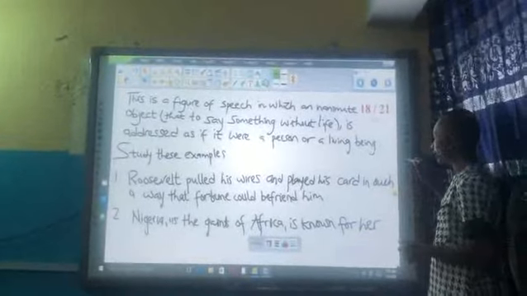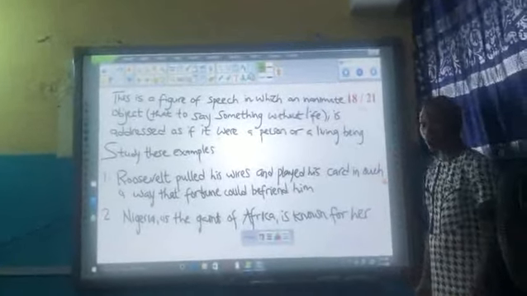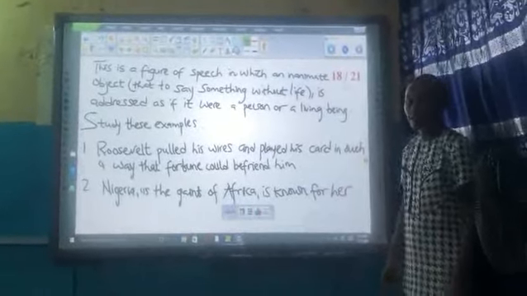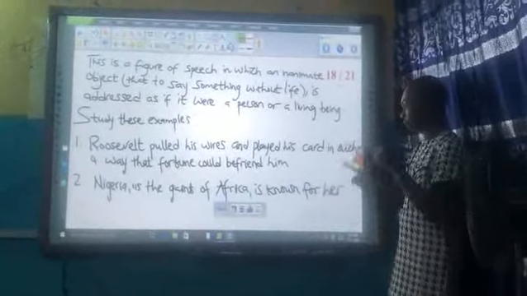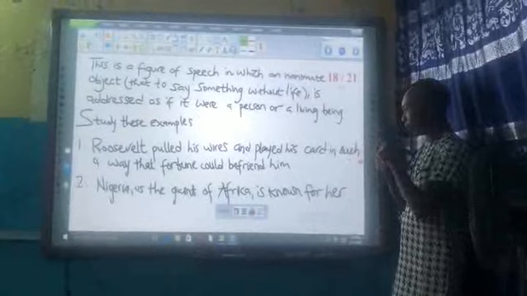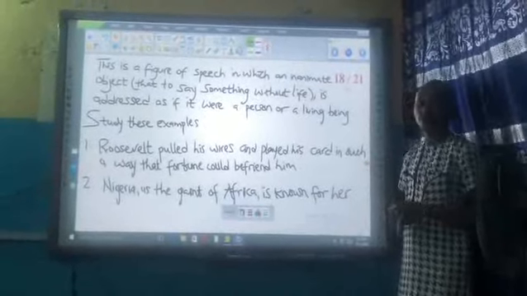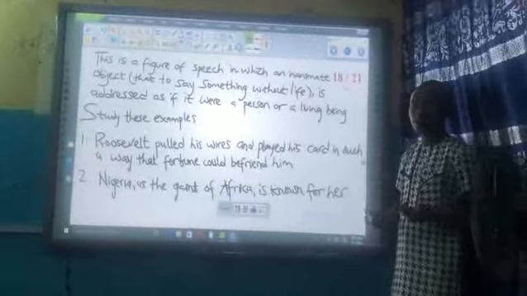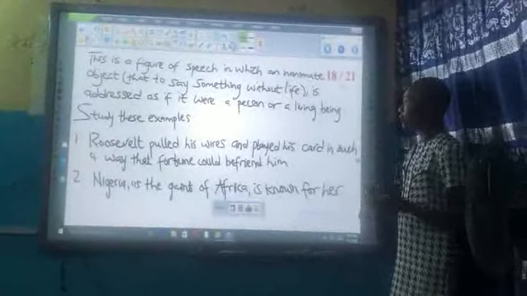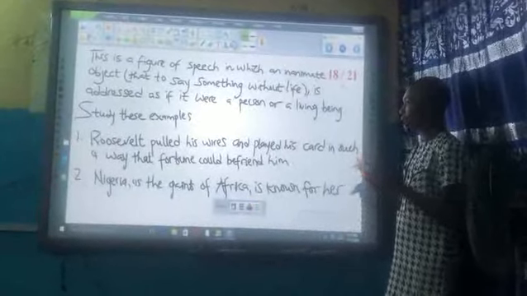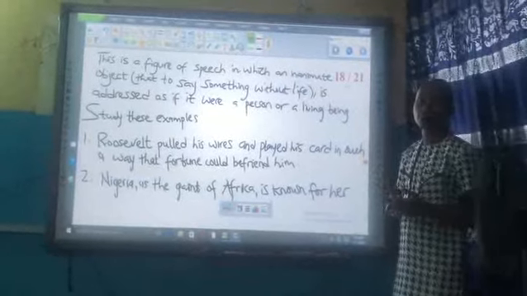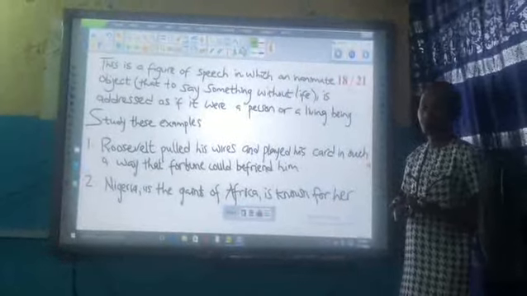And in this example 1, which we are still analyzing, fortune could befriend him. The fortune here is not a human being, it's an inanimate object that is addressed as if it were a person, as if it were a living being.